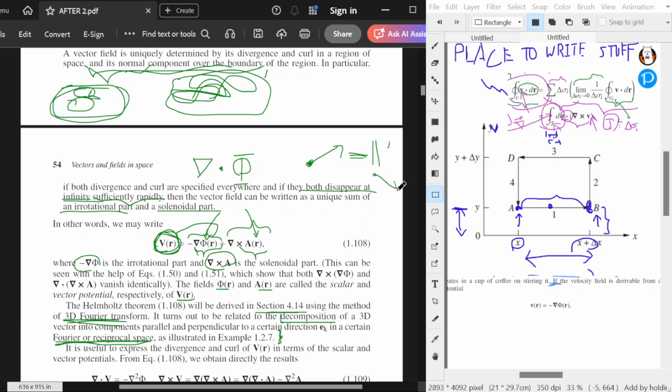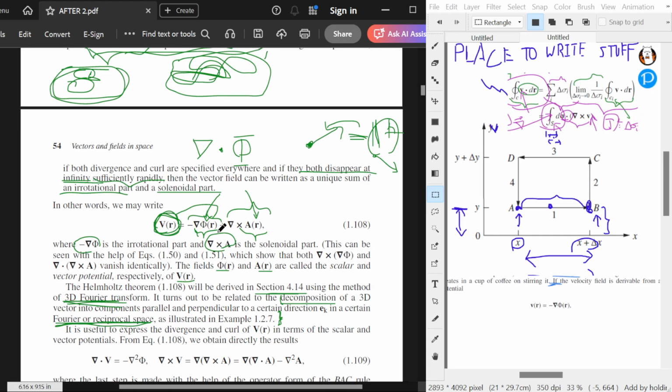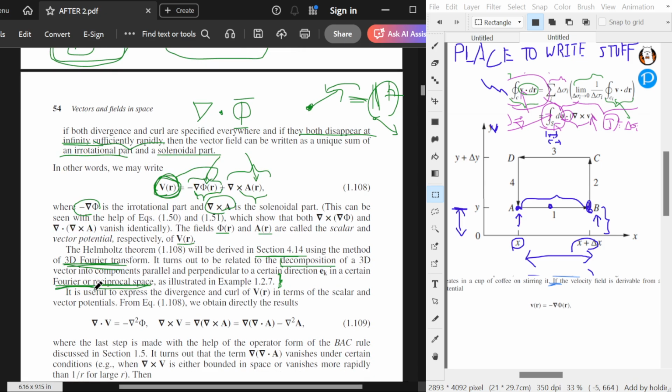So you have a direction and the parallelness and perpendicularness. If you combine these, you'll get this vector. It turns out to be related. It is useful to express the divergence and curl of V in terms of the scalar and vector potentials.